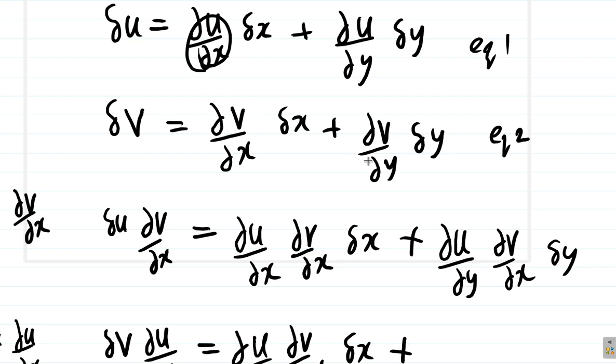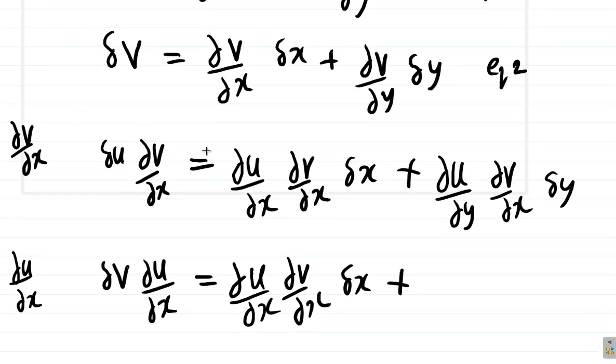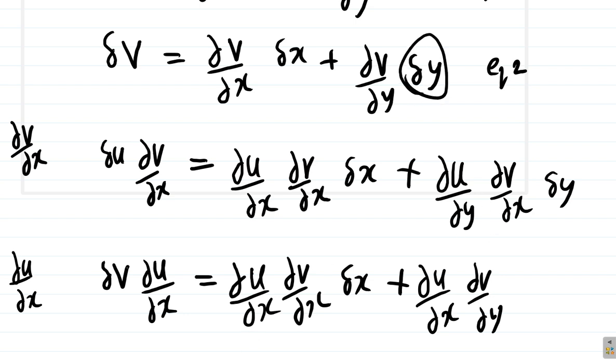So it's this times this now. So delta u by delta x, delta v by delta y. See that? Times our change in y.